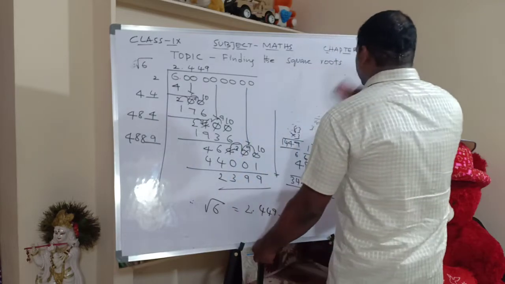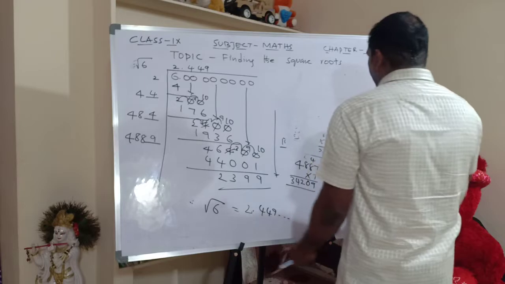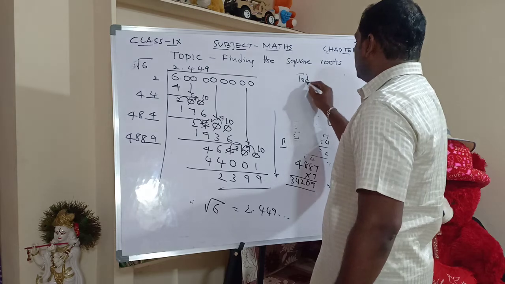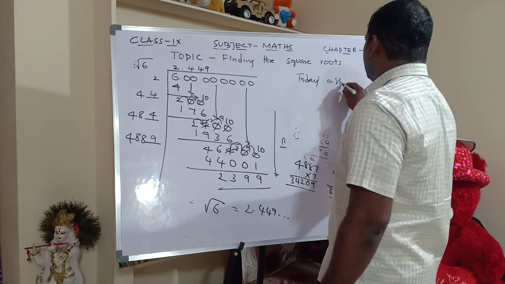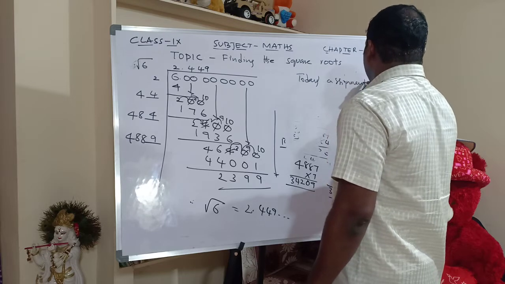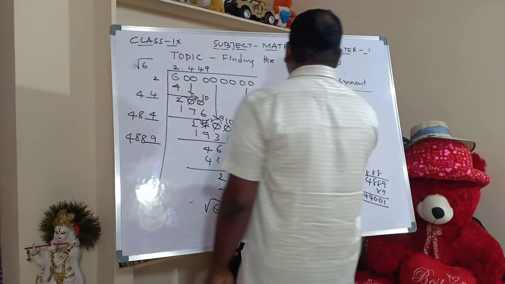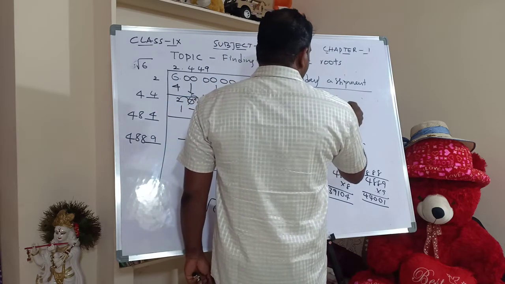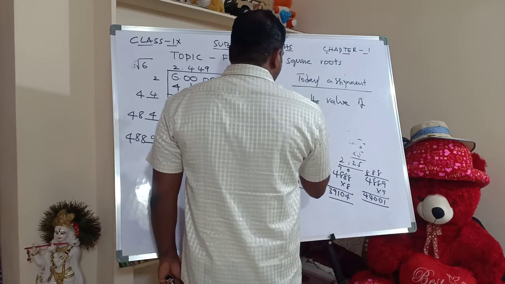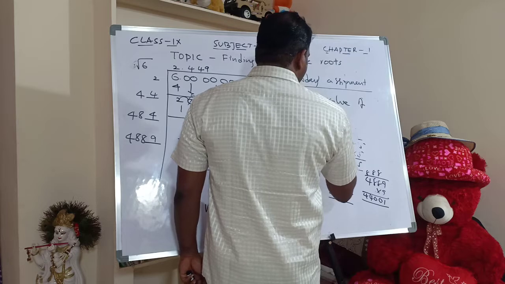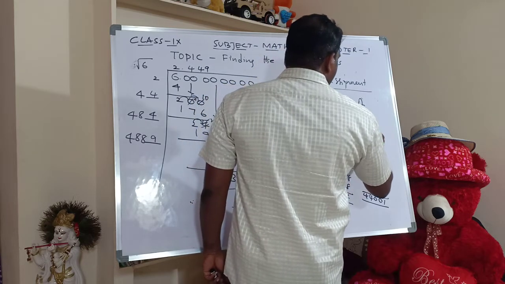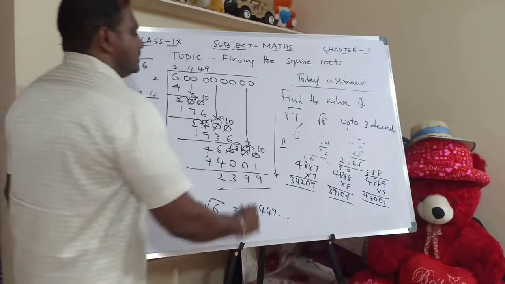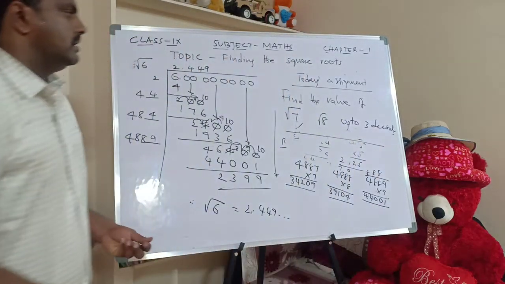Now, basing on this, by understanding the concept, today's assignment: find the value of square root 7 and square root 8 up to 3 decimals. 3 decimals means up to 3 places after the point. So this is your homework.